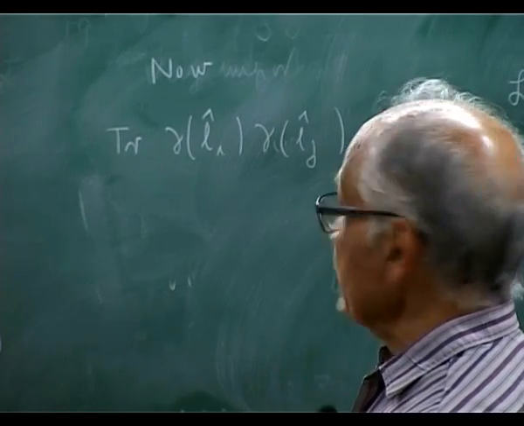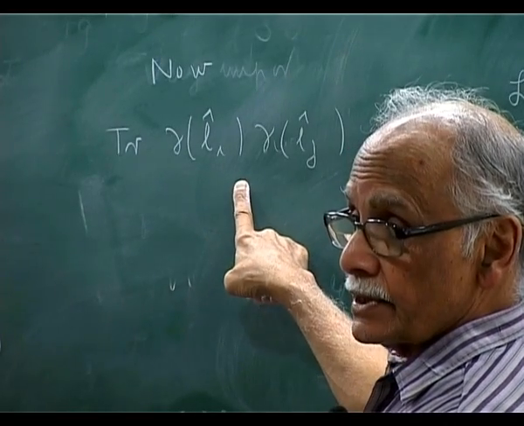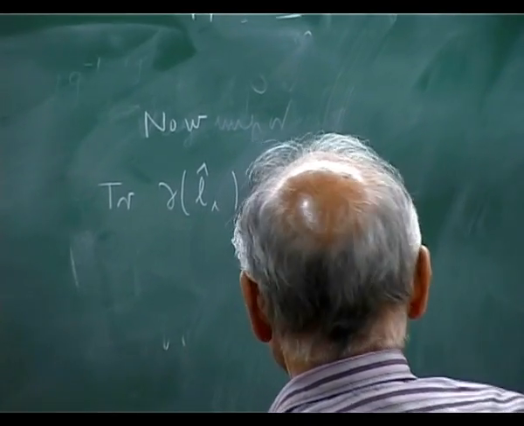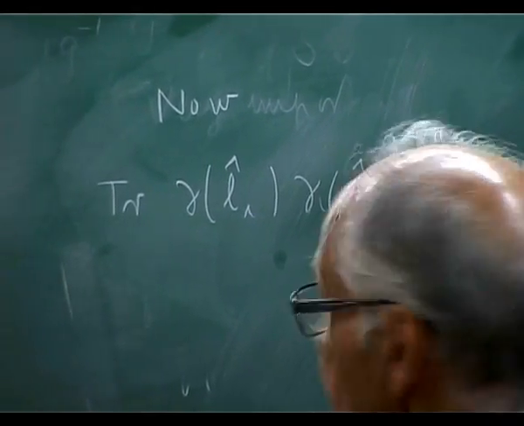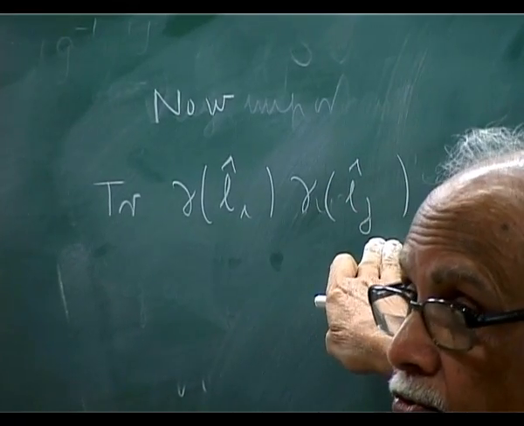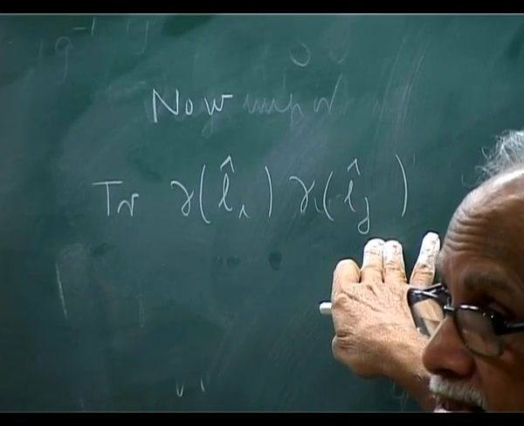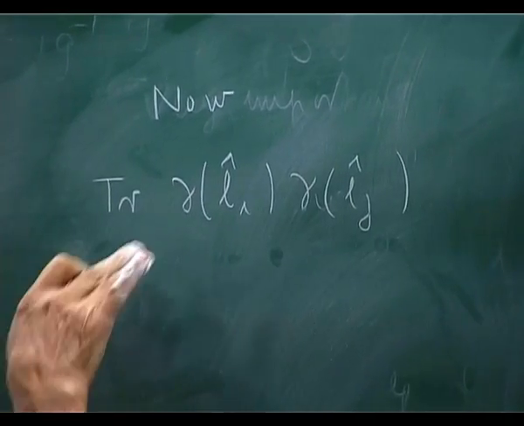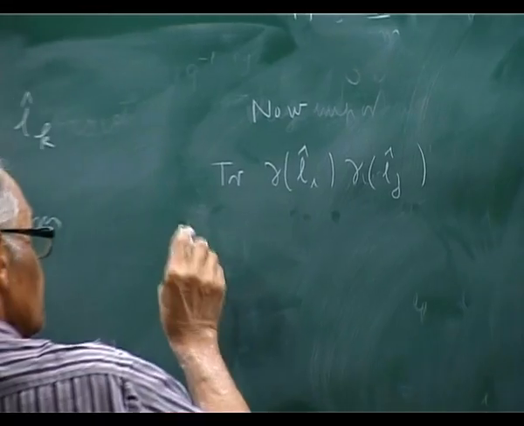Okay. So I look at this form here. L hat is a special basis, and I write it down, and I want to understand what happens with this. Now I take the element of the group.